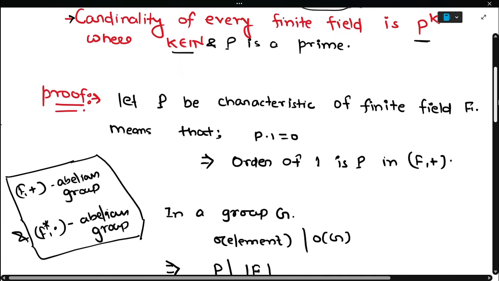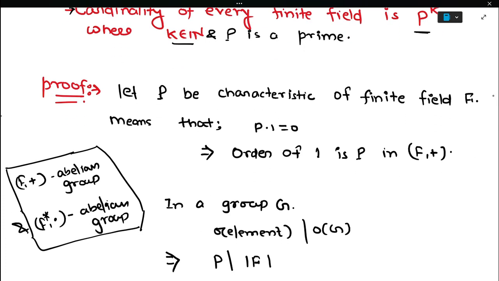So let p be the characteristic of the finite field. Since the field has finite cardinality, every finite field has prime characteristic p.